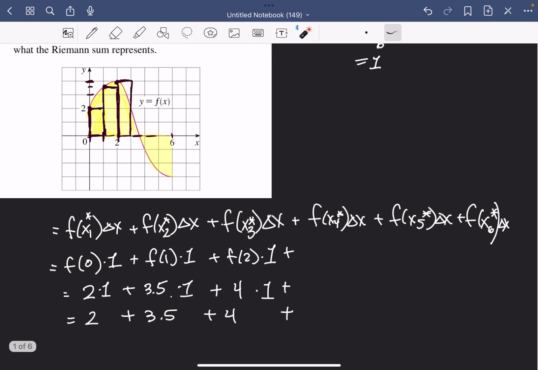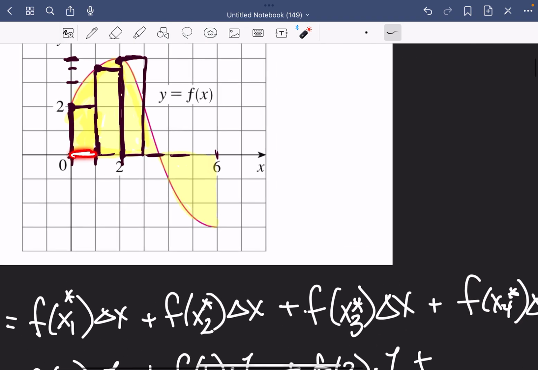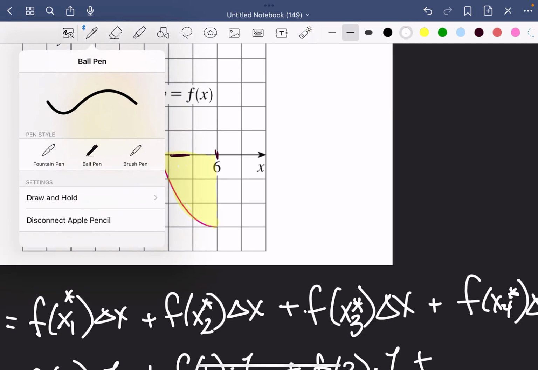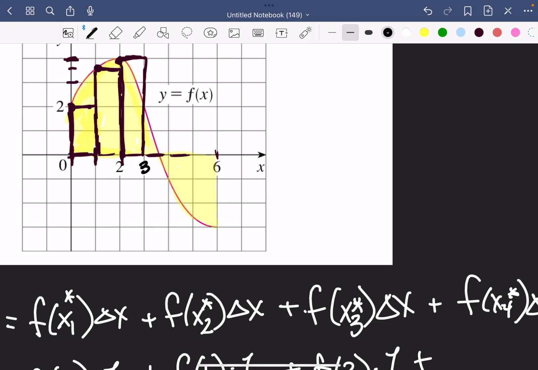So if we go to the fourth subinterval and sample any old point, well, they told us to do the left. Here is my fourth subinterval. The fourth subinterval goes from 3 to 4.